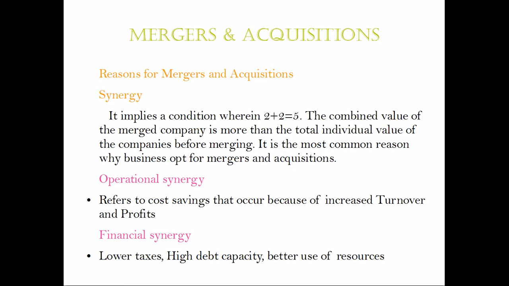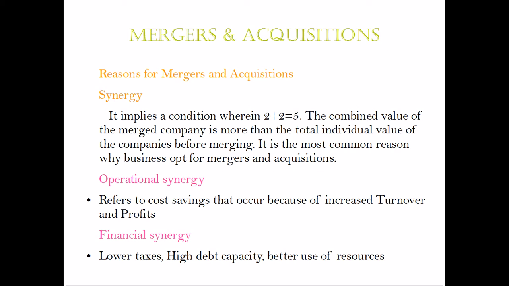This happens because of the operational savings and the advantages that are being taken. There are two types of synergy: operational and financial synergy. Operational synergy means cost savings that occur because of the merger, and a financial synergy means the financial advantages that the merging companies acquire because of the merger.